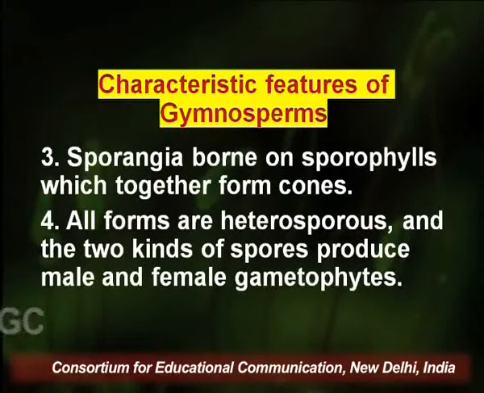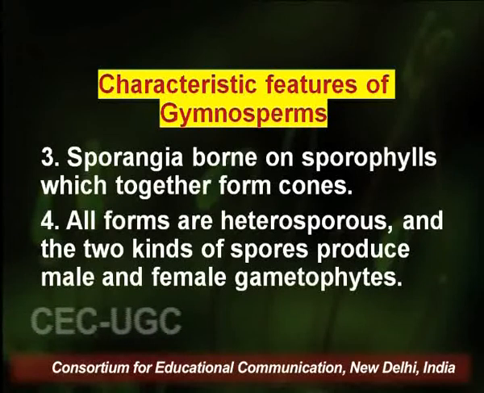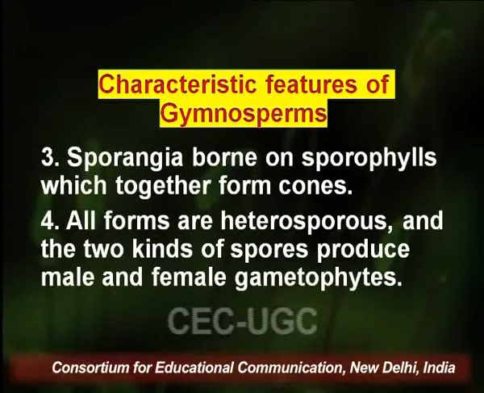The species of Gymnosperms are always dioecious. That means one cone will always be microsporangiate or megasporangiate, and the other will be separately microsporangiate or megasporangiate. No single cone will have both types of spores in it.